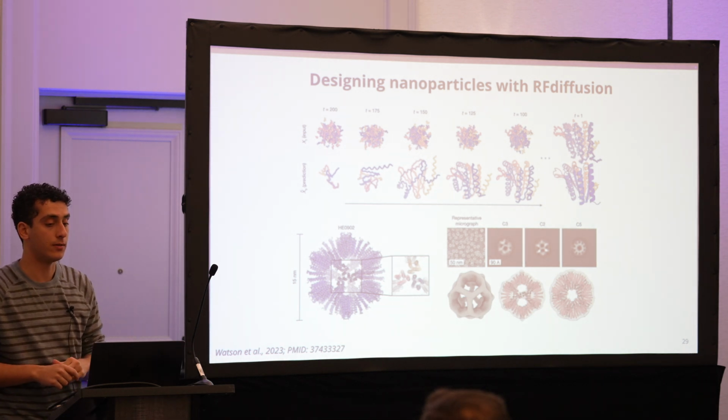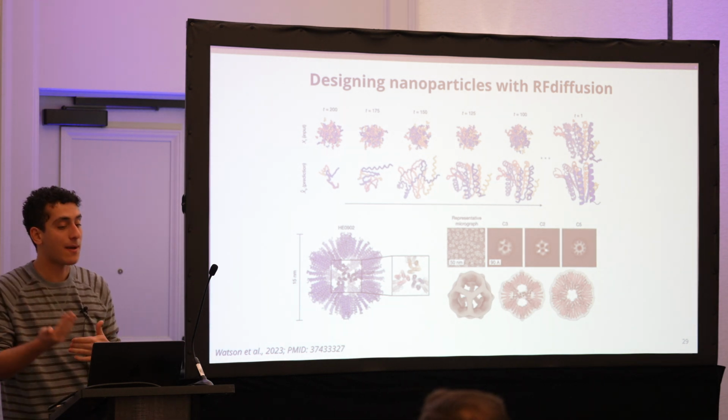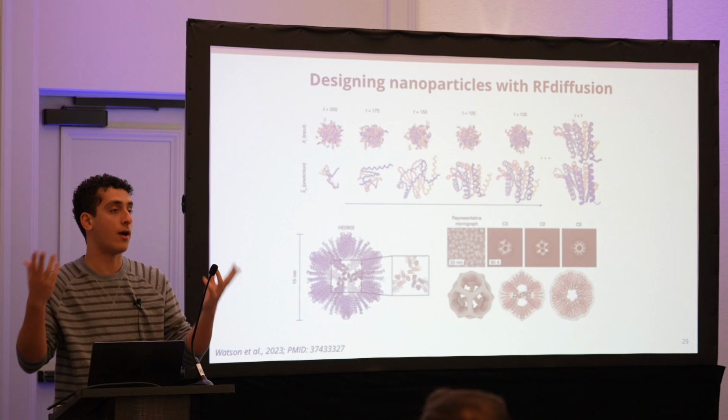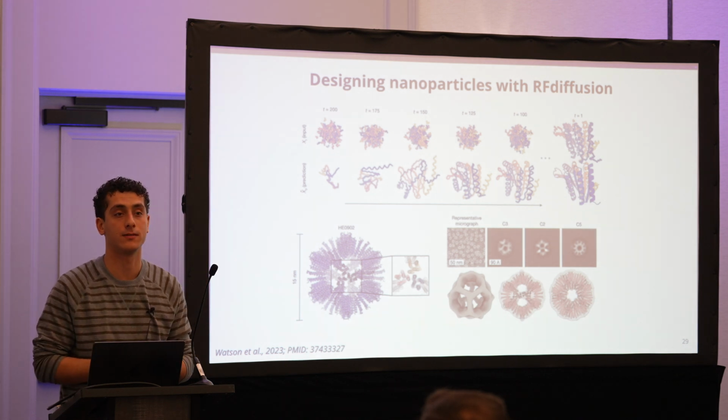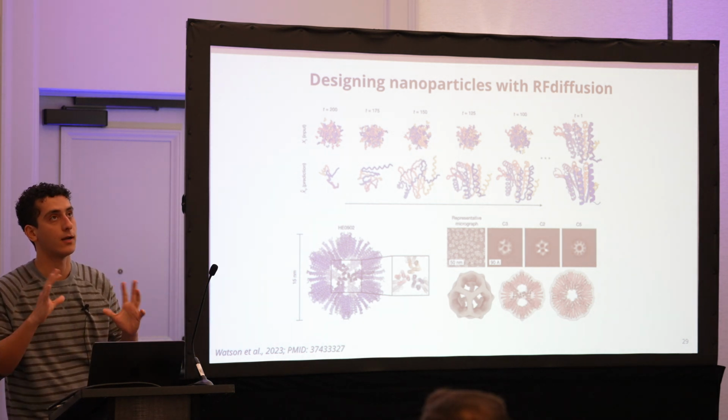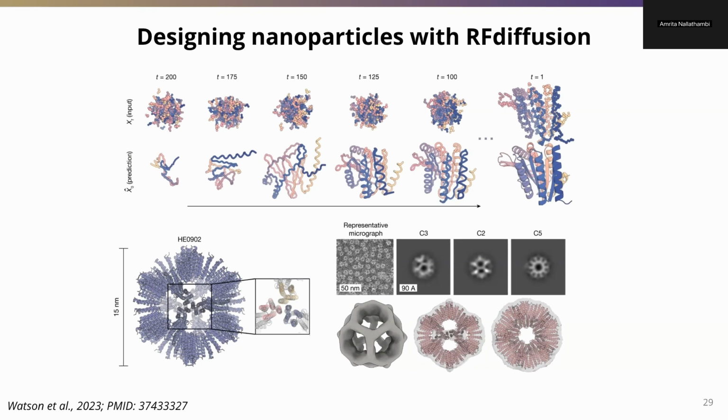Now, the next step is this version of RoseTTAFold diffusion, RF diffusion. It's symmetric diffusion, we call it. And it's a version of RoseTTAFold diffusion that basically breaks down your nanoparticle into a few key pieces.